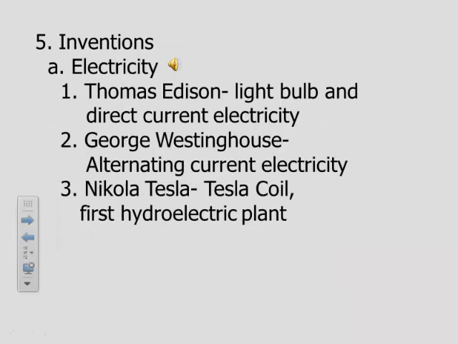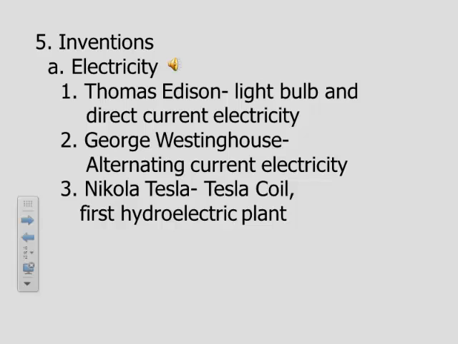Now, like I just mentioned, there were significant inventions that were discovered following the Civil War. First, in the area of electricity, Thomas Edison came up with the light bulb. There's some controversy over whether he or Tesla did it. But anyway, the light bulb came into being, as well as DC, direct current electricity, which is like battery operated.